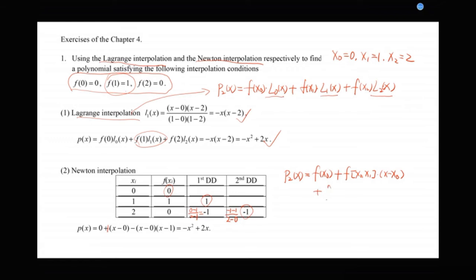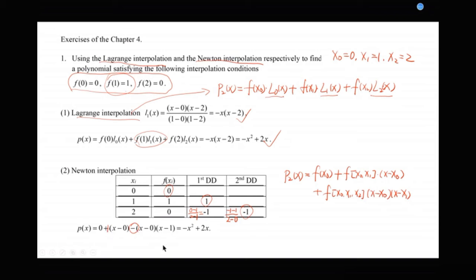And plus the second divided difference multiply (x minus x0)(x minus x1). It is minus 1, so minus 1 multiply (x minus 0) multiply (x minus 1), because x1 equal to 1.